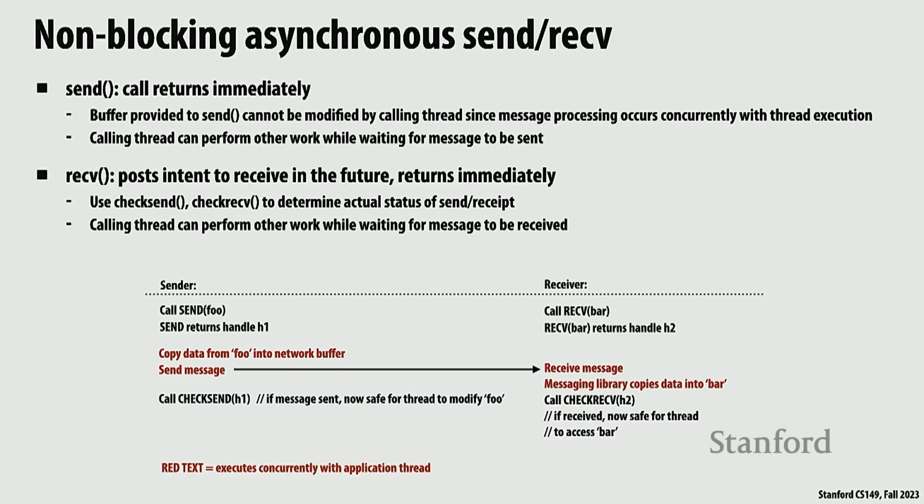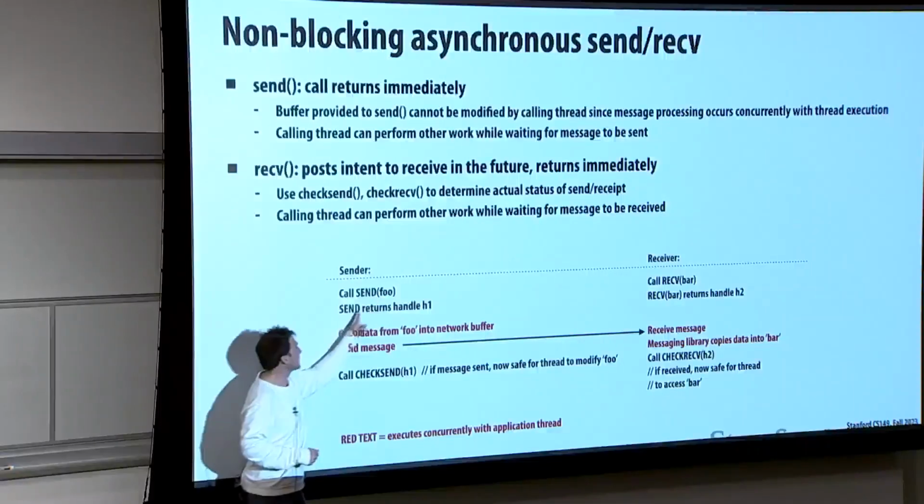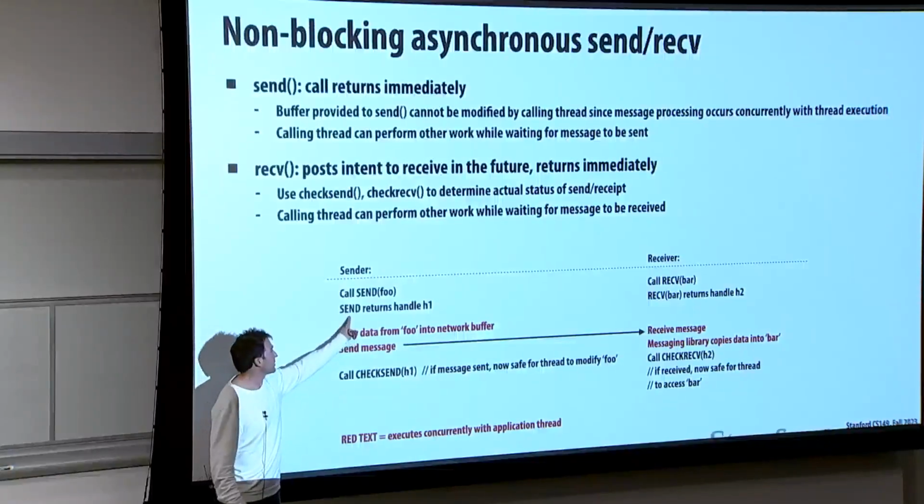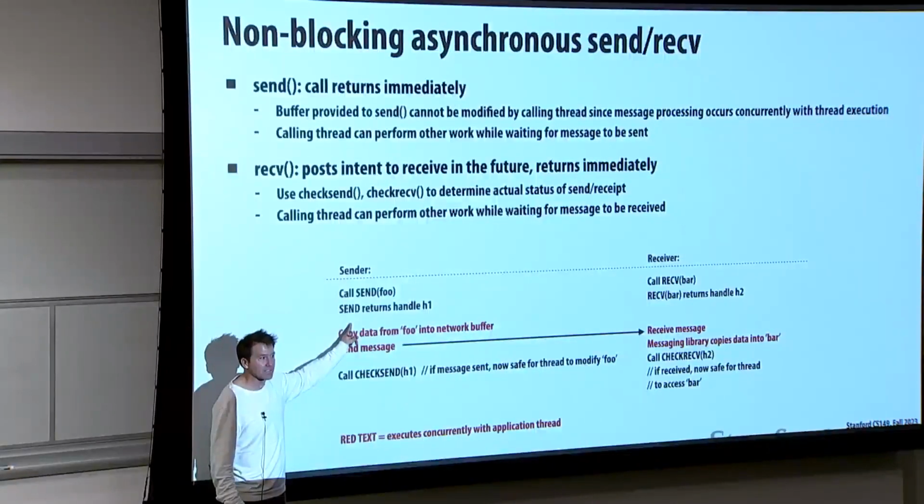Now when a thread calls send, it's more like, I want this message to be sent at some point in the future. The sender calls send, but send returns immediately. You don't know at this point that the data has been sent yet.